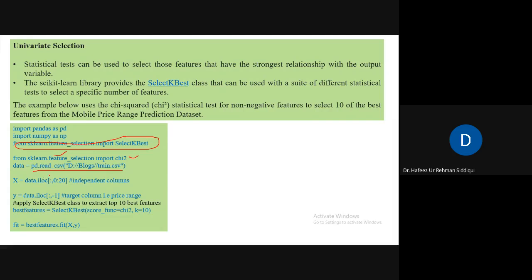And what is this? This means, if you see this, from left to the colon, this indicates rows. Means this part indicates rows, and this after the colon indicates columns.